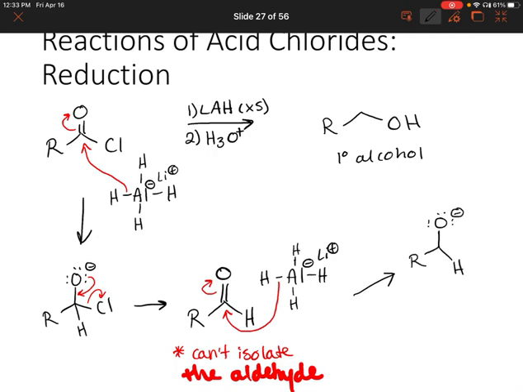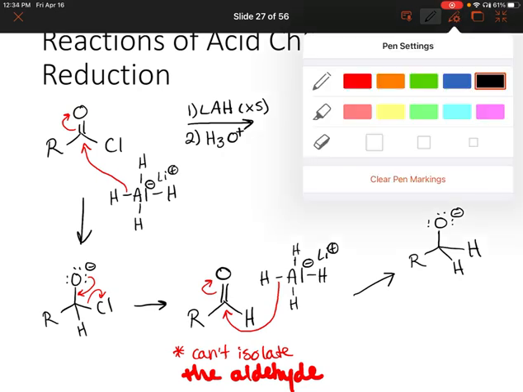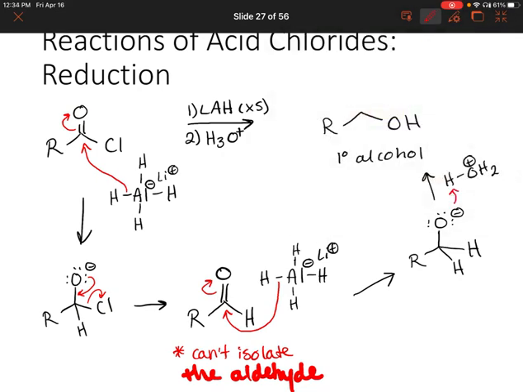Now this time we have 2 hydrogens bonded to that central carbon. And in the last step, we're just going to protonate that negatively charged oxygen using our acid or water. Either one is fine. All right, and we get our primary alcohol. So pretty similar to mechanisms we've seen before using lithium aluminum hydride.